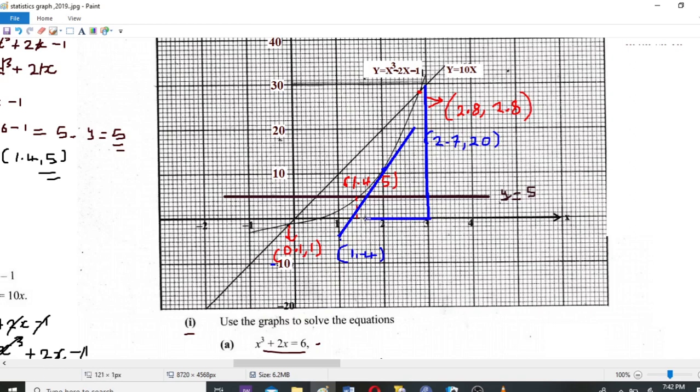It should extend until it hits the curve y is equal to 10x. This line y is equal to 0 is one of the boundaries, right?